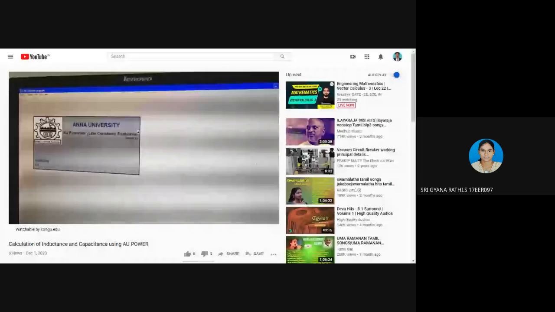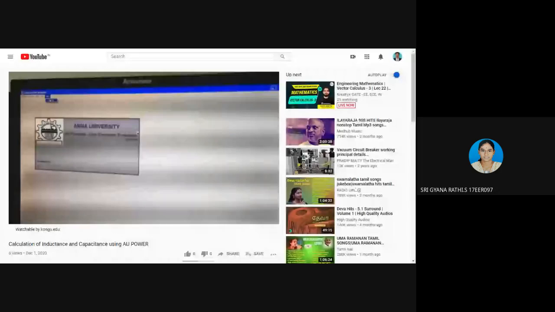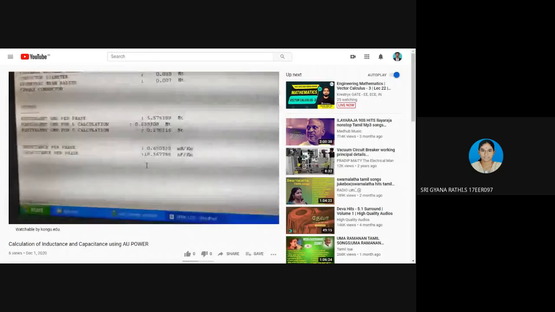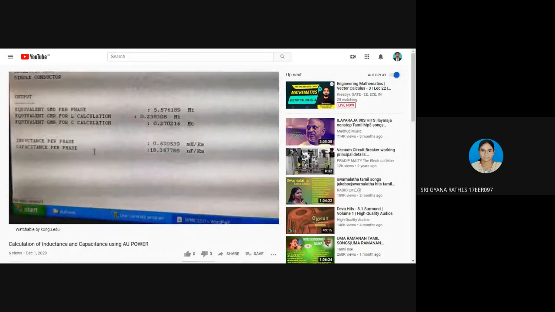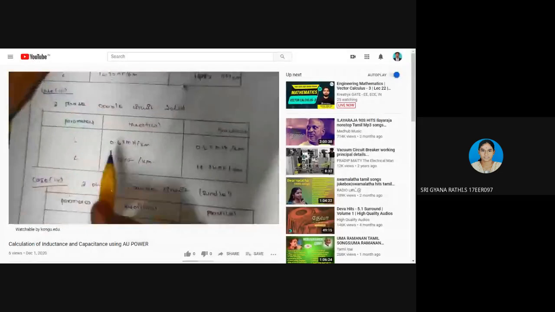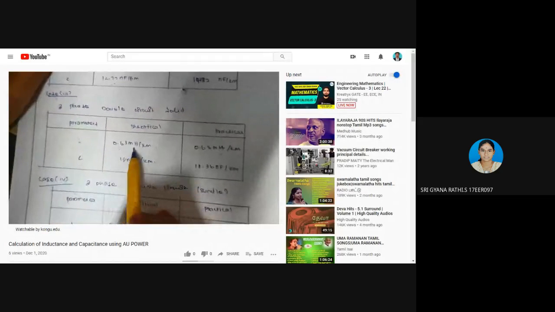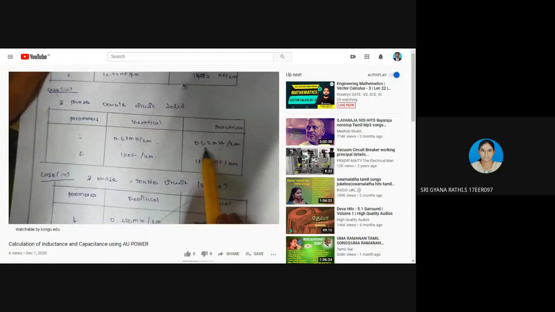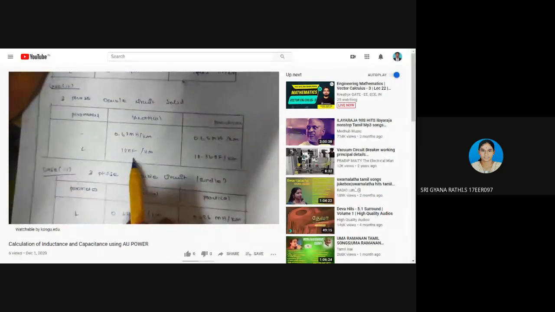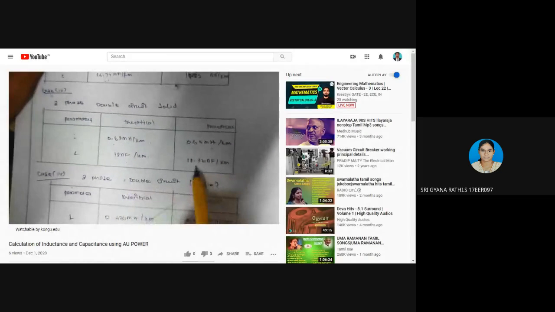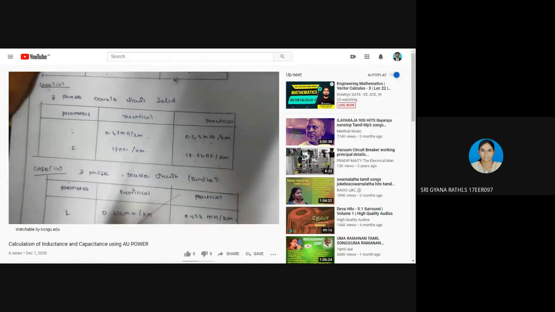So you have got the output as 0.63 millihenry per kilometer and 18.36 nanofarad per kilometer. So for case 3, in the theoretical we got 0.63, in practical also 0.63 millihenry. Similarly for capacitance, 18 nanofarad, here also 18 nanofarad.